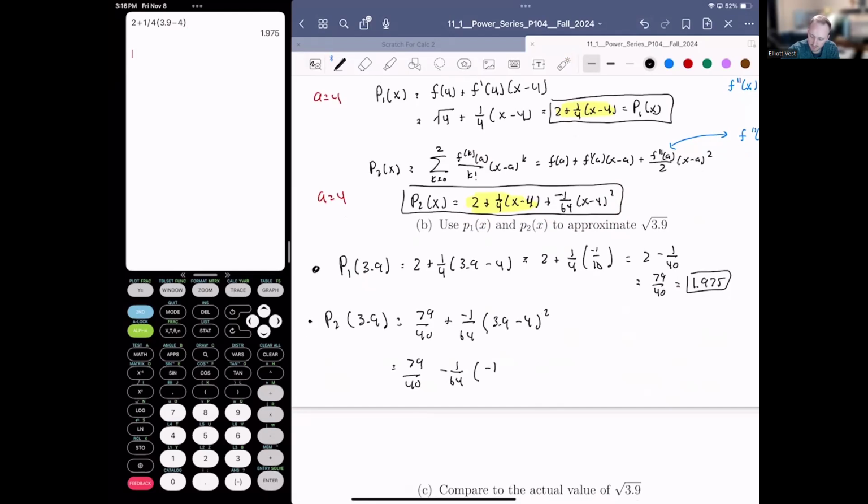Again, this was negative 1/10 squared. So what does that become? Positive 1 over 100? 1 over 100, like that.